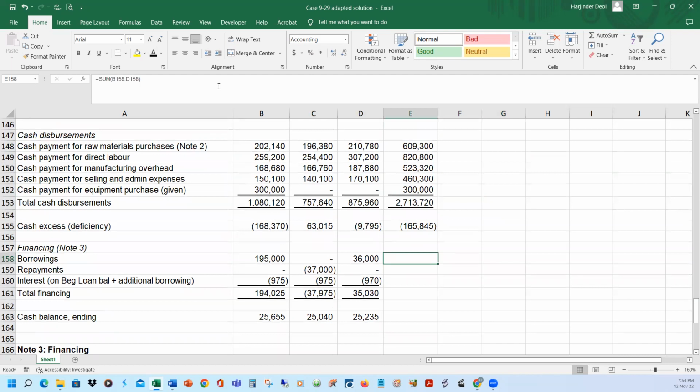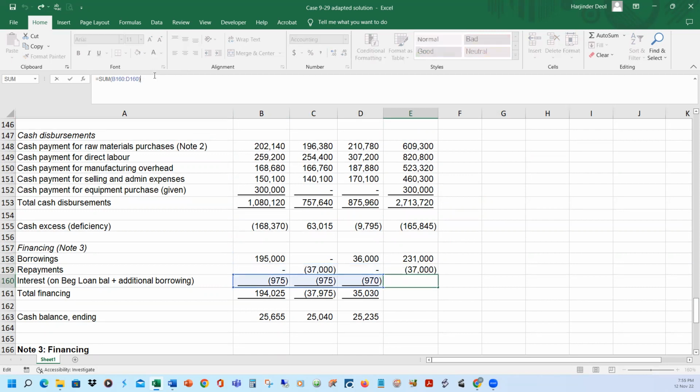Now, in terms of financing, we borrowed a sum of 231,000 during the quarter, repaid 37,000, and we paid cash interest of 2,920. The total financing, therefore, is $191,080.